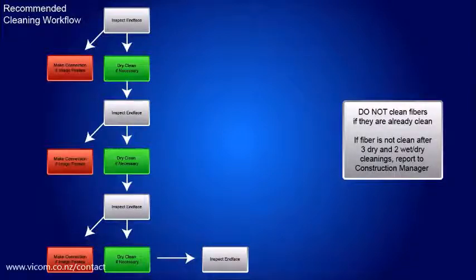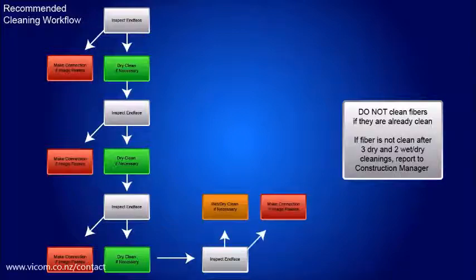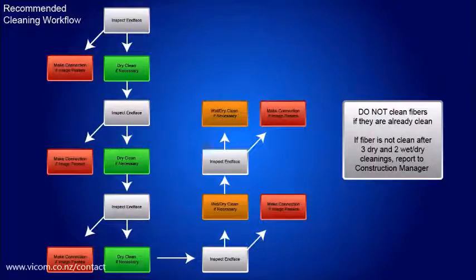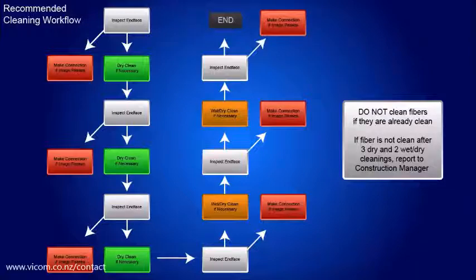If you have performed 3 dry cleans and the end face is still not acceptable, move on to the wet dry cleaning method. Inspect after performing the wet dry cleaning, then make the connection or perform another wet dry cleaning. If the fiber end face is determined to be acceptable, make the connection. If not, the end face can be reported as fail and can be escalated through the appropriate channels.